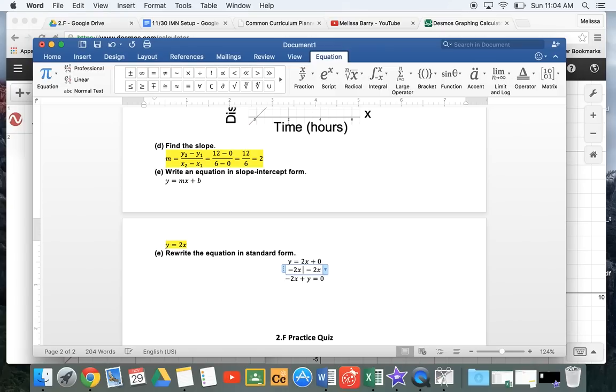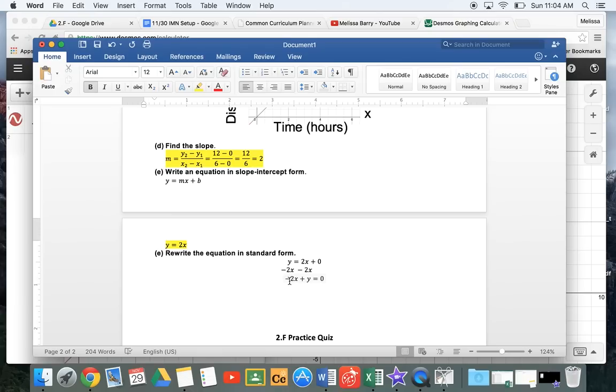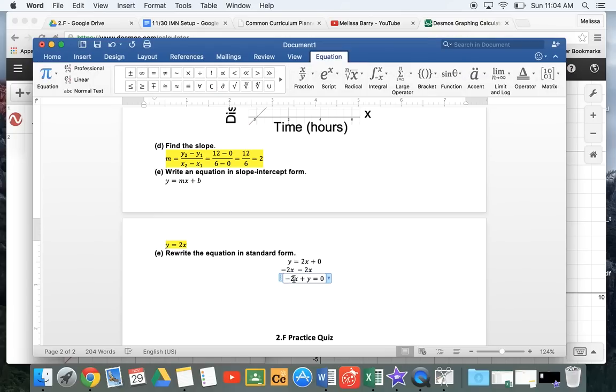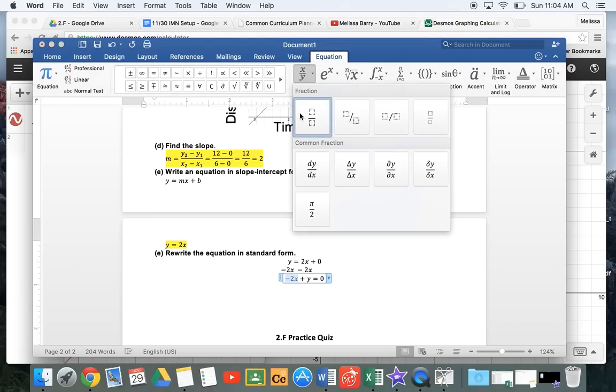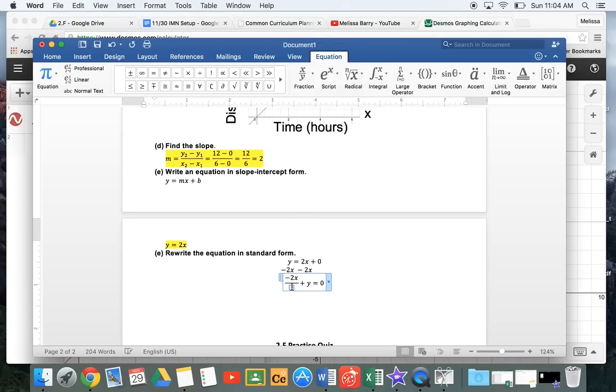Anyway, so I can get that to go over. There we go. And now I'm not allowed to have this be a negative, so I have to actually divide by negative 1. So to do that, I'm going to come in here and kind of make these fractions.